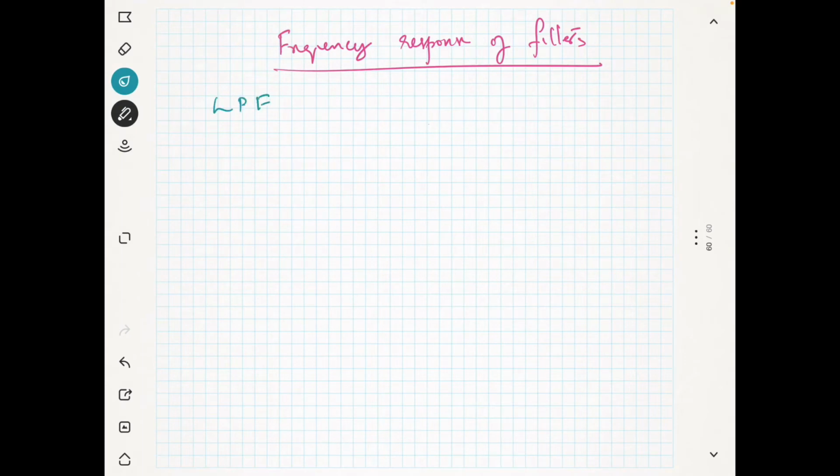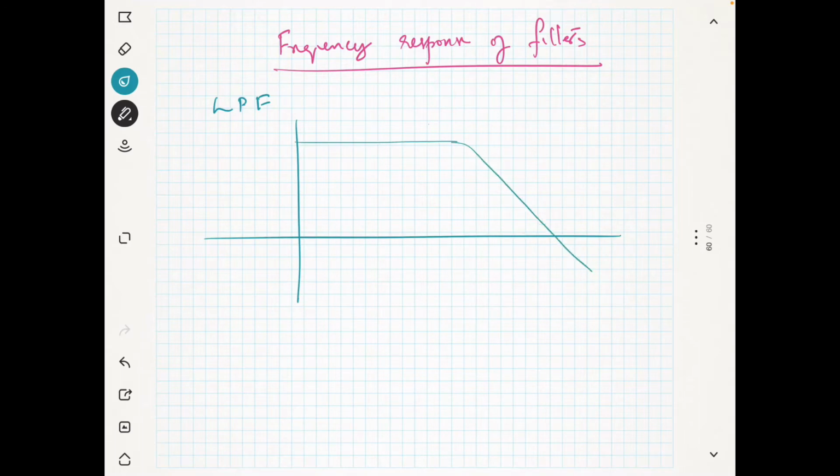If you take the low pass filter, the frequency response will be something like this. We have already seen this response when I discussed the op-amp characteristics. So this is the gain, and the same notions are valid here, and this is the cutoff frequency.